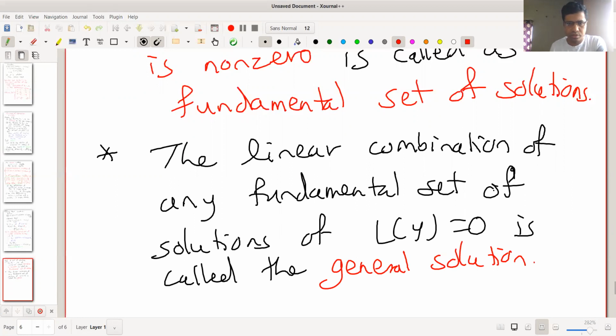Okay, so if the differential equation is given and it is asked to find the general solution, then we have to find a fundamental set of solutions and take the linear combination. That means C1 y1 plus C2 y2 plus and so on Cn yn.